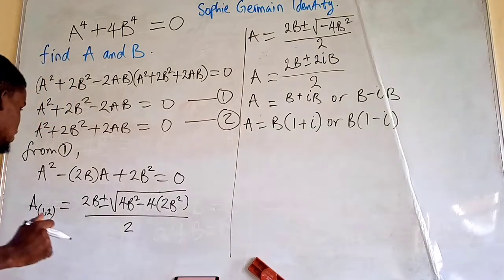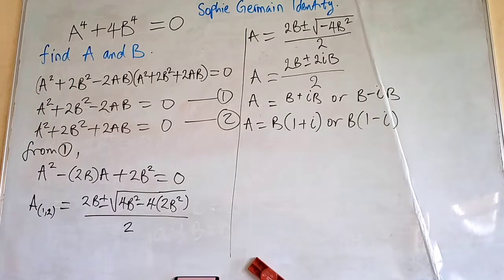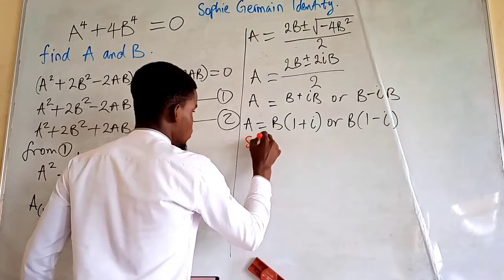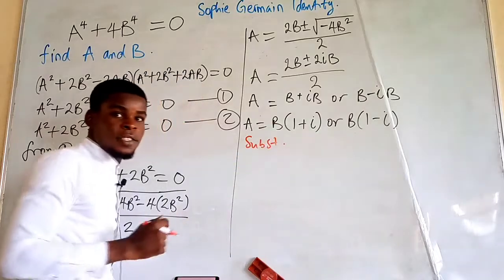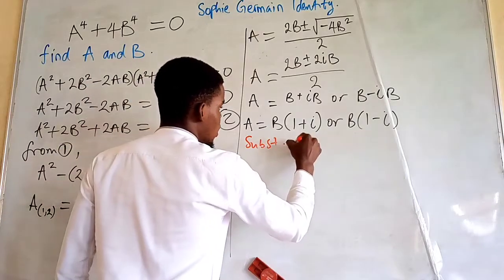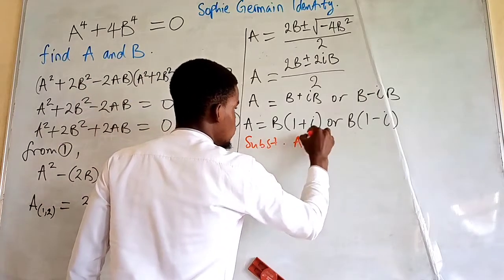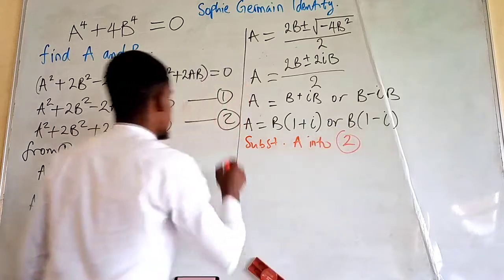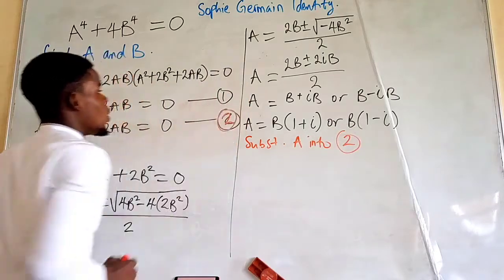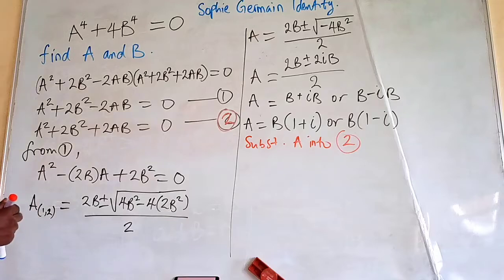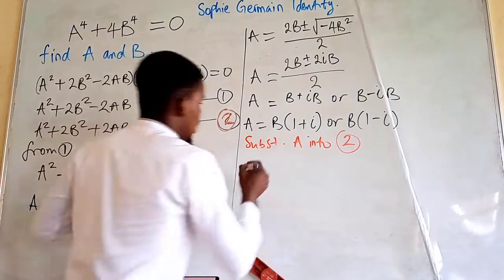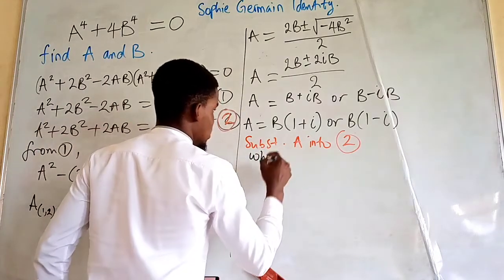So that is the case for the a. Okay, so given that those are the two values of a, to solve for b, I'll be using the equation 2 to substitute the two values of a into that. So I say substitute a into 2. So this is the equation 2, right? So by doing that, let me take it one after the other.